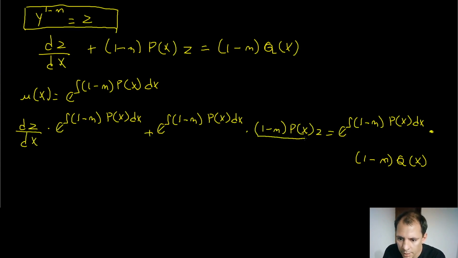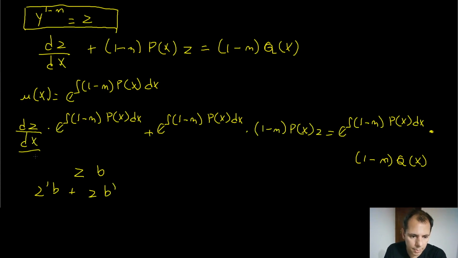And here you have 1 minus n p of x. So it's like you have a z and you have a b function. So the format here is z prime b plus z b prime. Okay, the z prime is this one, and the b is this. And here you have the z, this z here, and the b prime is this whole thing.